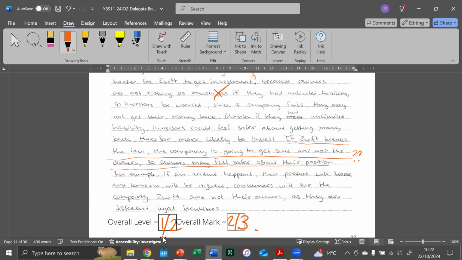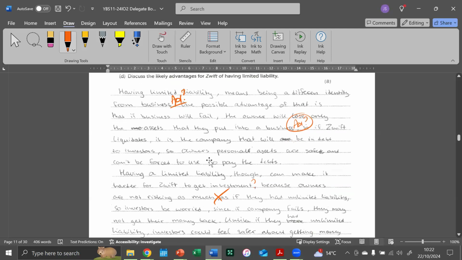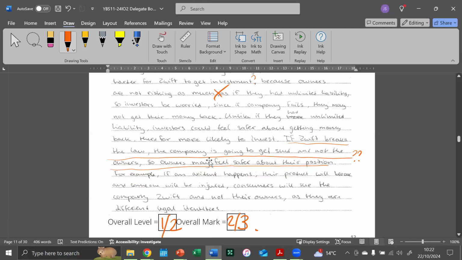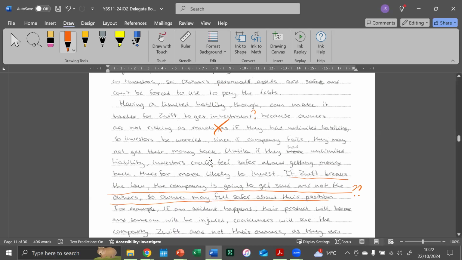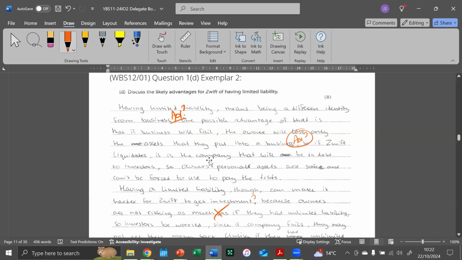Because that answer there demonstrates to you how easy it is to get out of level 1 and put yourself on the threshold of level 2. So long as it's got something that is associated with the question, you're going to pick up something. So to leave it blank is an absolute disaster.